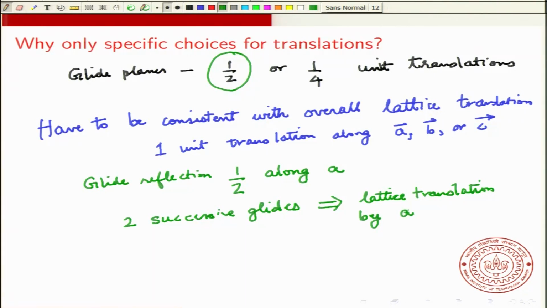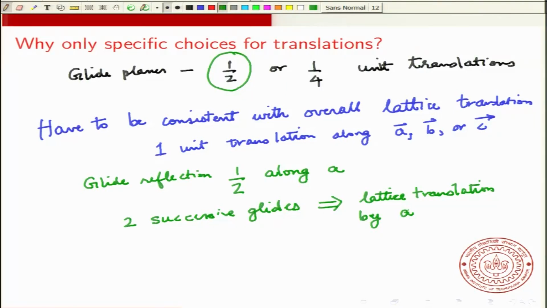Remember that glide reflection corresponds to reflection in a mirror and a translation along some direction. In this case we took the example of an A direction, and its translation by half unit.